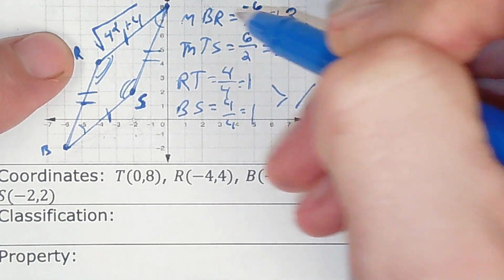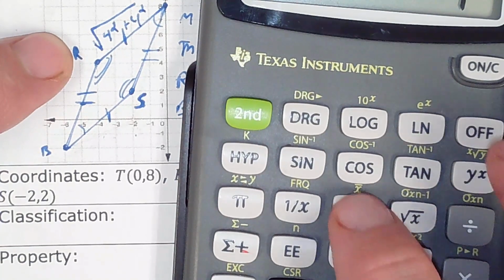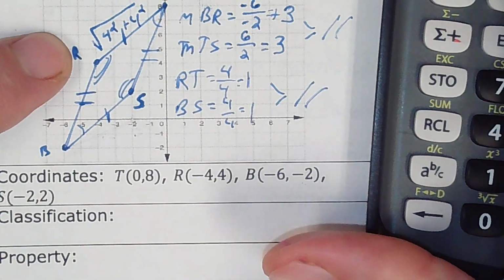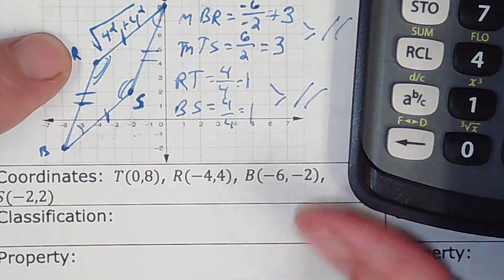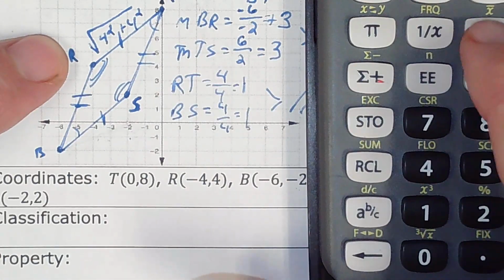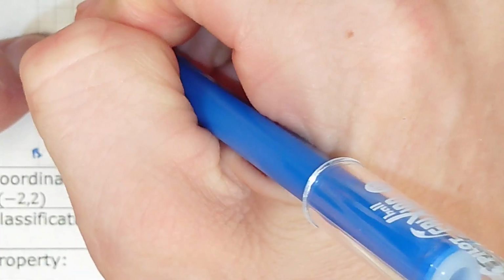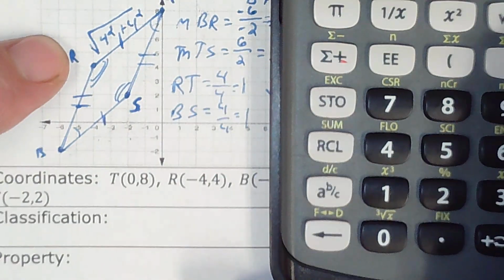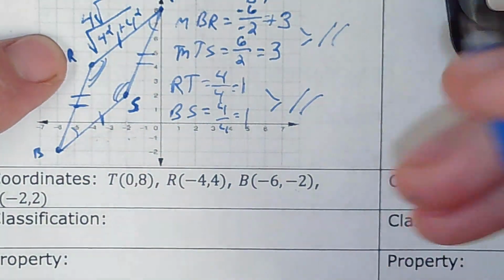So 4 squared plus 4 squared equals 32, and the square root of 32 is, 32 divided by 2 is 16, so it's going to be 4 times the square root of 2.